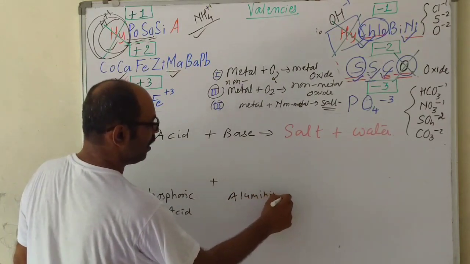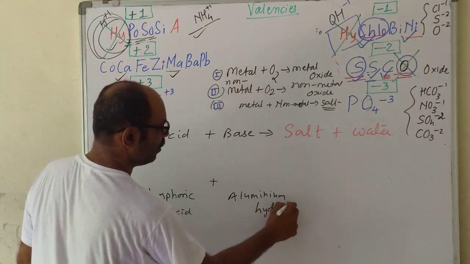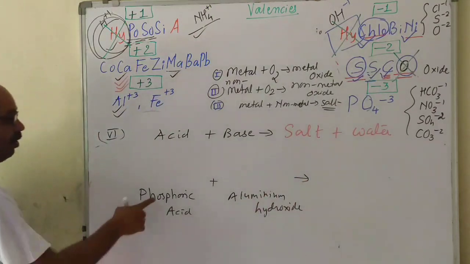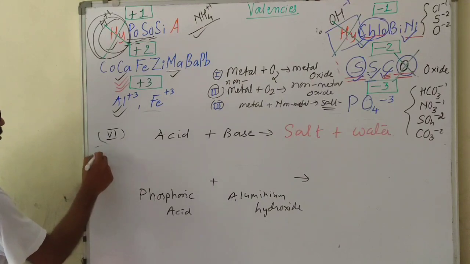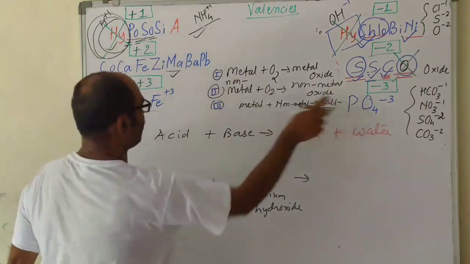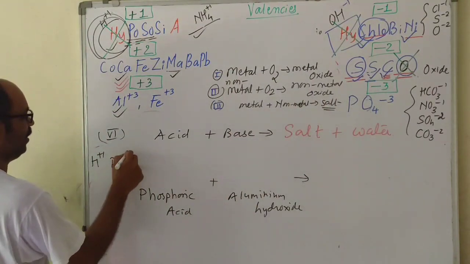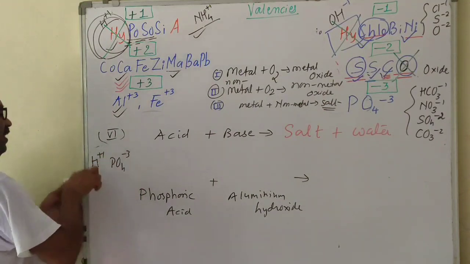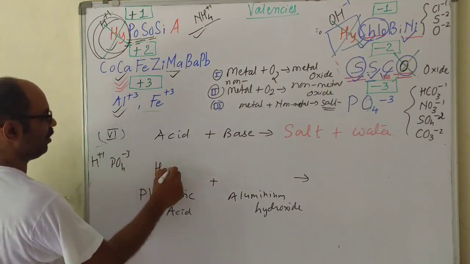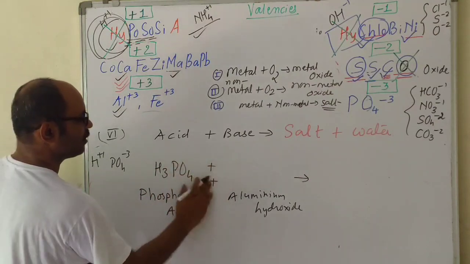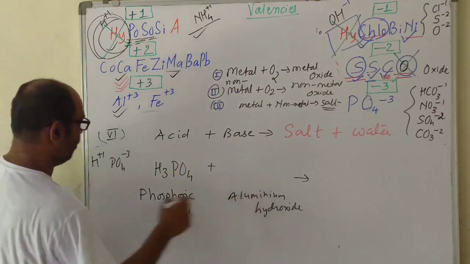Aluminium hydroxide. Okay. Acid. So H plus 1 is there. Phosphoric means phosphate. So PO4 minus 3. इसका फॉर्मूला क्या बनेगा? H3PO4. H3PO4 plus. Alright.